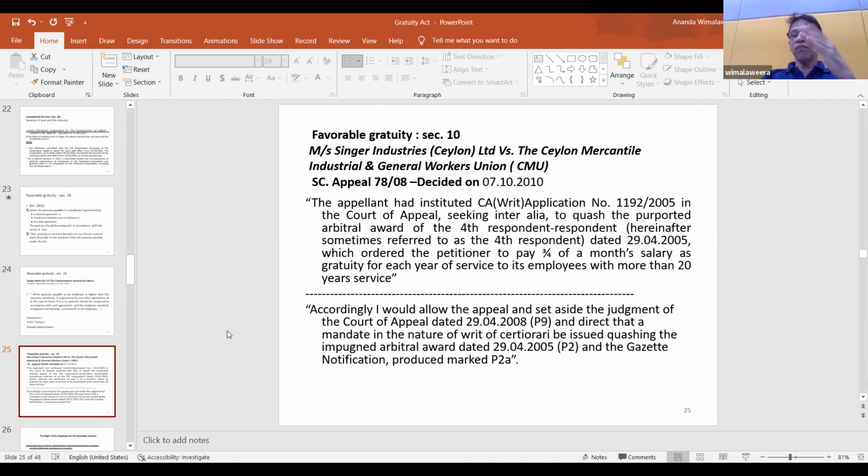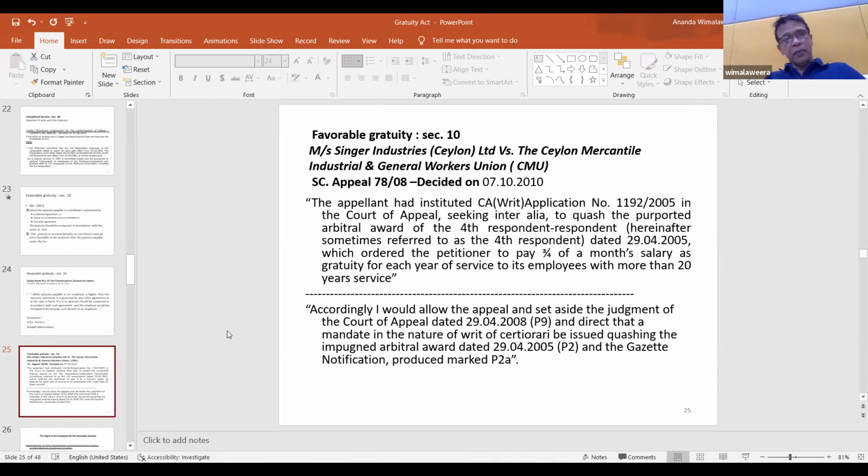The law is half a month. But instead, the company offered 3/4, 75% of a monthly salary as gratuity for each year of service to its employees with more than 20 years of service.